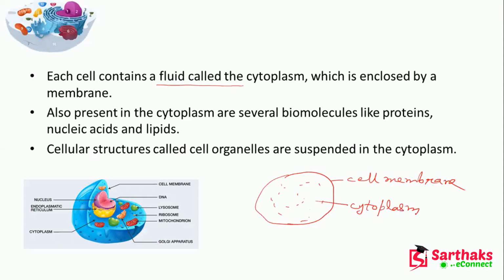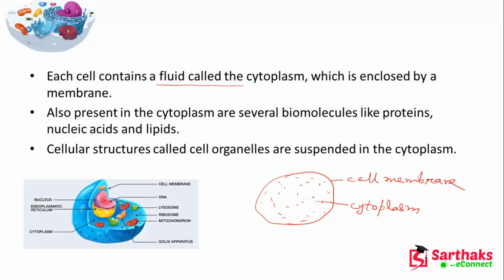So what we have studied is that the cell is filled with this fluid called the cytoplasm, and it is enclosed by the cell membrane. Now the cytoplasm has several biomolecules like proteins, nucleic acids, lipids.